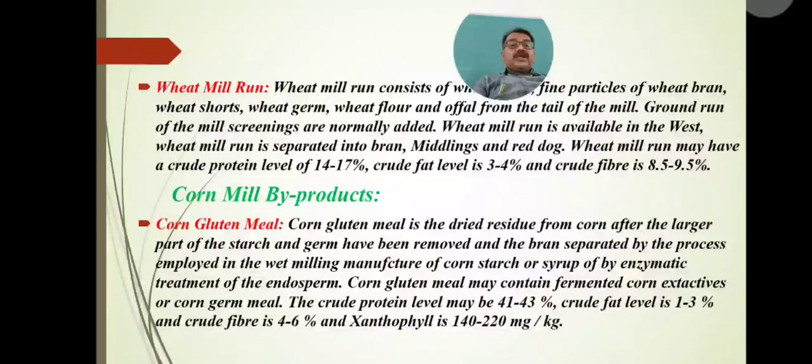Corn gluten meal is the dried residue from corn after the larger part of the starch and germ have been removed, and the bran separated, by the process employed in the manufacture of corn starch or syrup by the enzymatic treatment of endosperm.